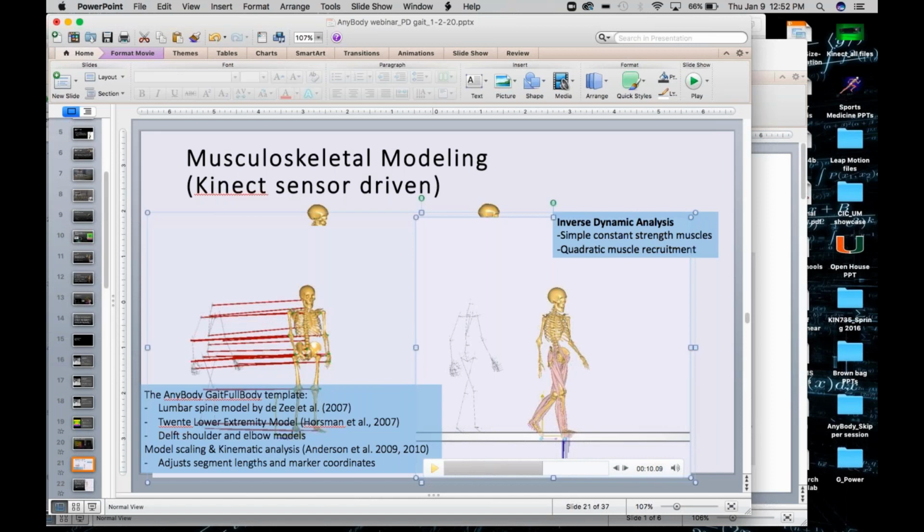We have a few askers asking about validation and comparison between the Kinect and a gold standard mocap setup. I saw in one of your pictures that some of the people you recorded also had markers on. So did you do that validation or comparison?